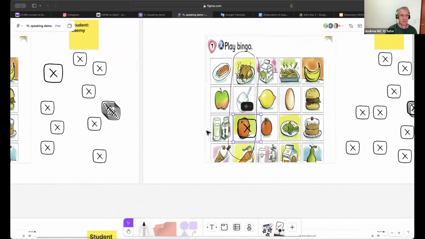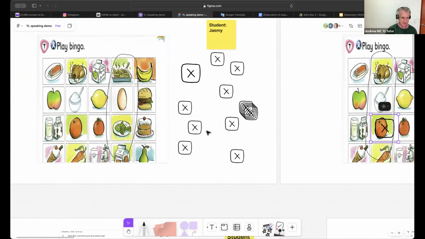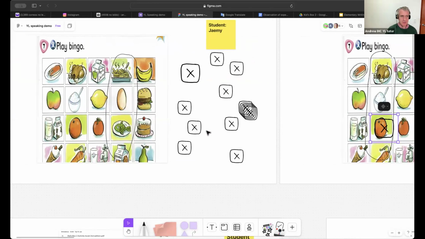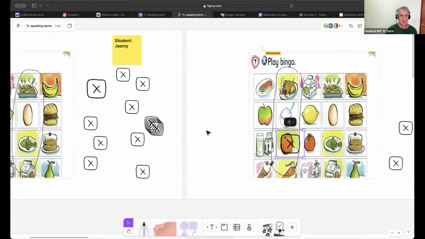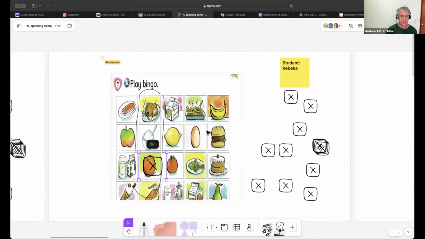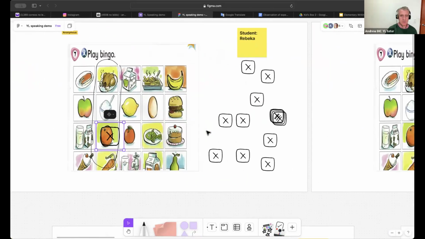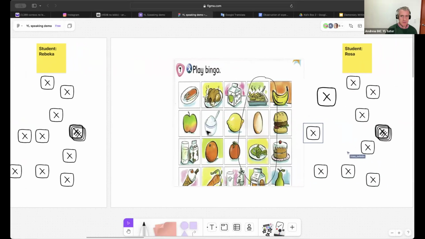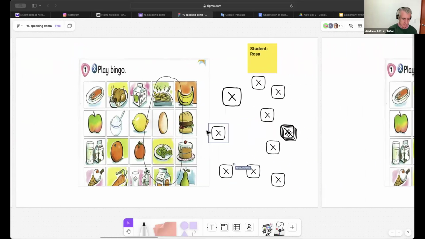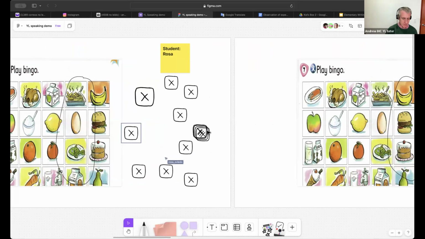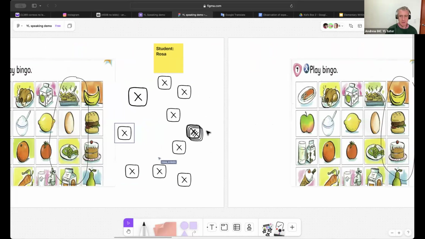Hamburger. Meat. Chicken. Apple juice. Banana.